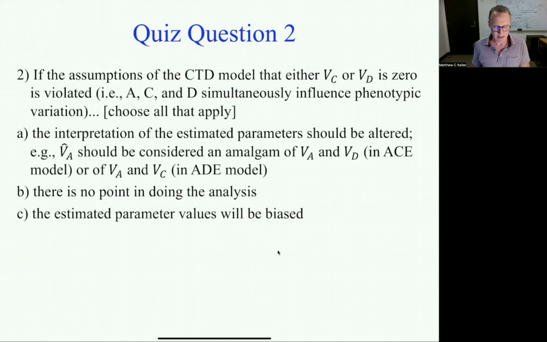In other words, the genetic variance should be considered an amalgam of VA and VD in an ACE model, or of VA and VC in an ADE model. Well, this is correct, right? What about B? There's no point in doing the analysis at all. Wrong. All models are wrong. Some models are useful. C, the estimated parameter values will be biased. That also is true. I don't think we need to discuss this much further.